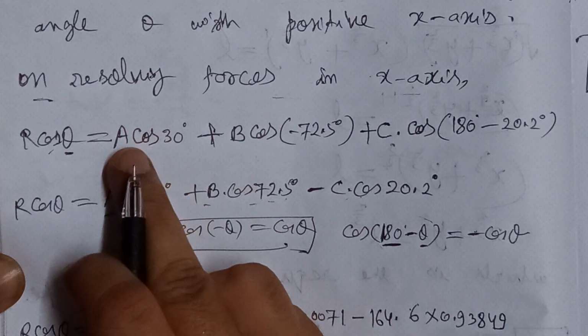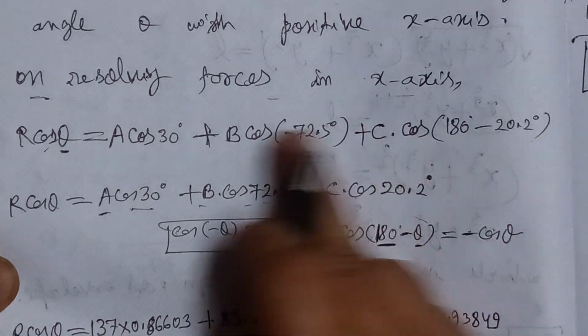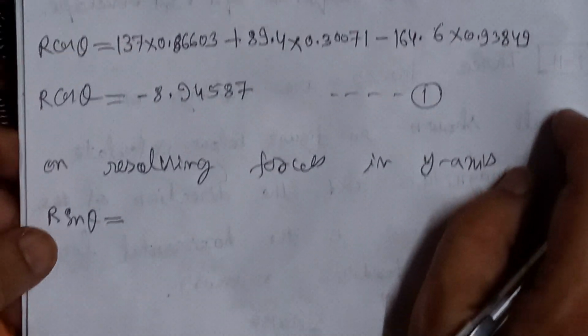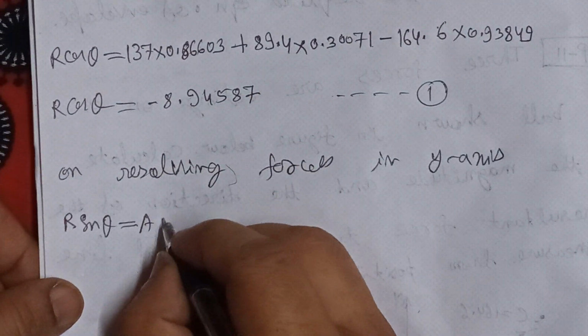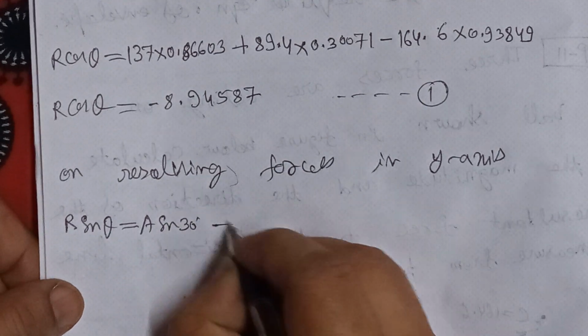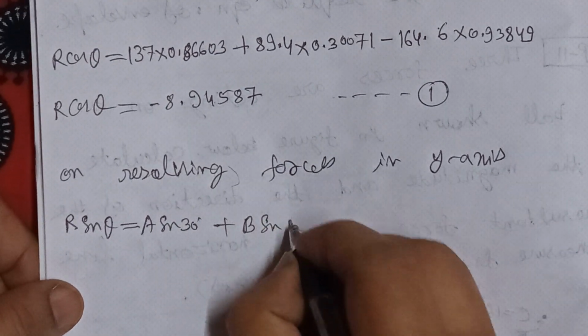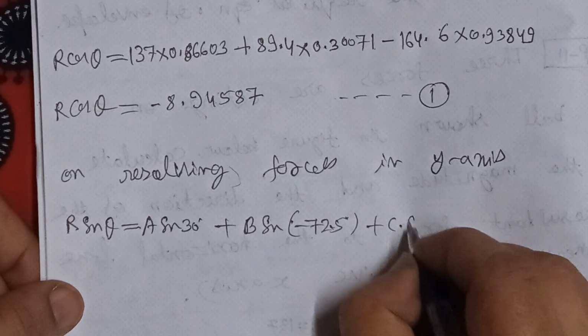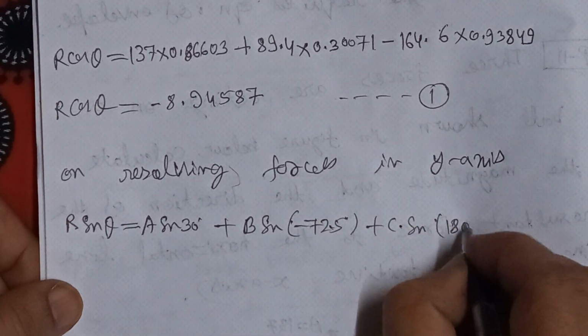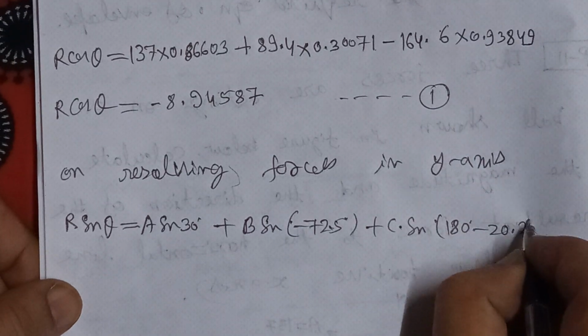So without any change in the first line, we change accordingly: sin 30 degree plus b sin minus 72.5 degree plus c into sin 180 minus 20.2 degree.